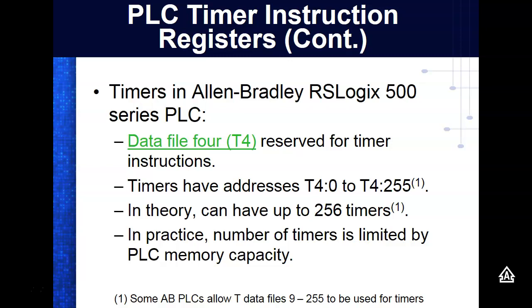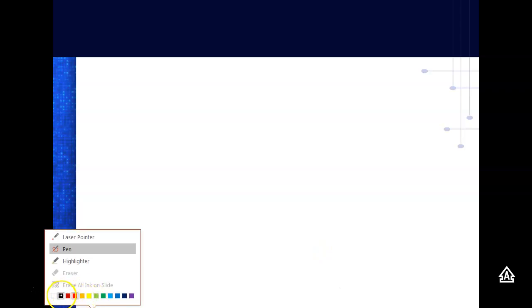Now, this uses a 16-bit integer. We talked about this the other day in this class, if y'all remember. An integer is a signed number without a fraction, right? Now with 16 bits, I could have 2 to the 16th combinations.